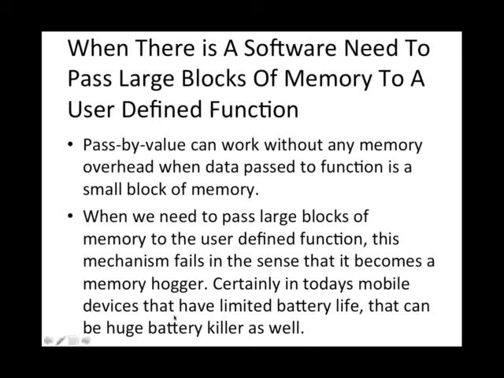But when we need to pass large blocks of memory to a user-defined function, this mechanism, pass by value or pass by copy, completely fails because it becomes a memory hog, because for the time during which the function is being executed, two copies of the same data exist. And if the data being passed is huge in number of bytes, that's a tremendous memory overhead. And certainly in today's mobile devices, which have limited battery life, that can be a huge battery killer as well.